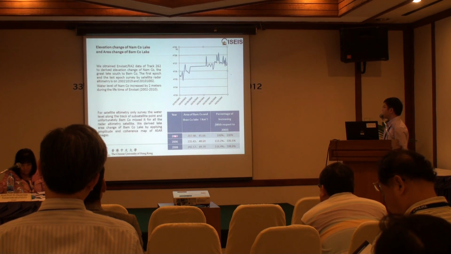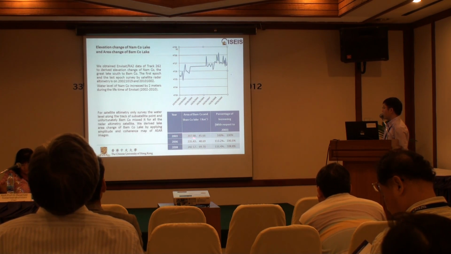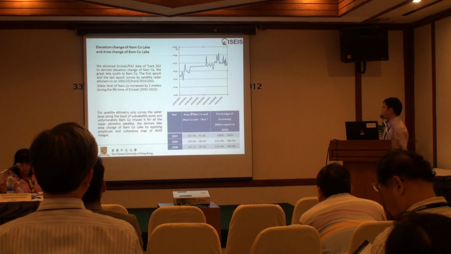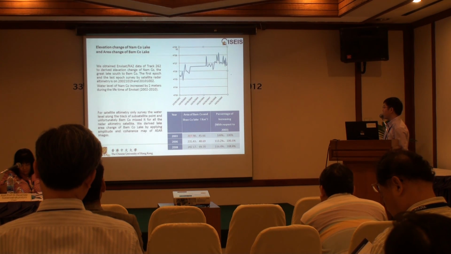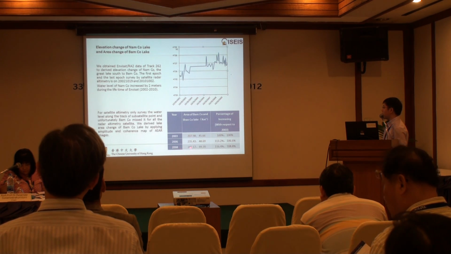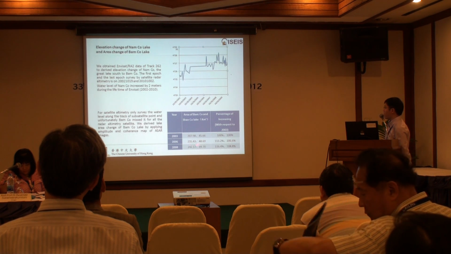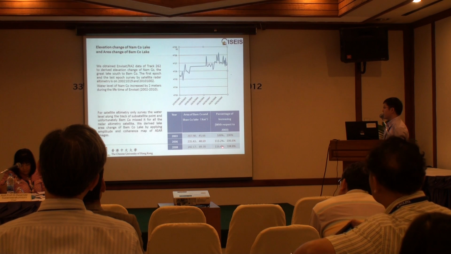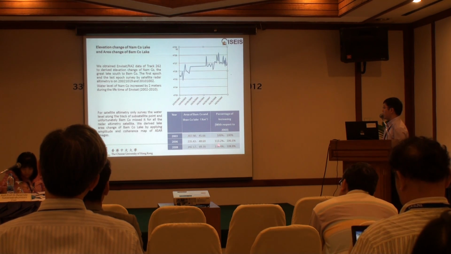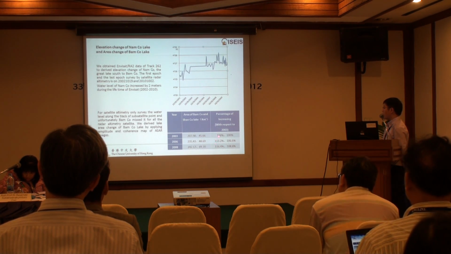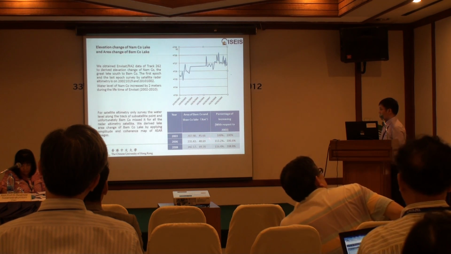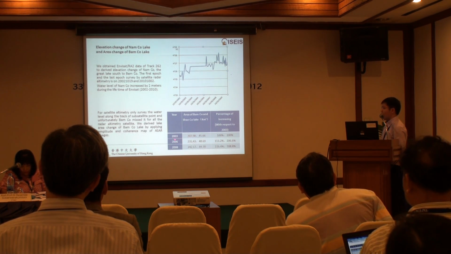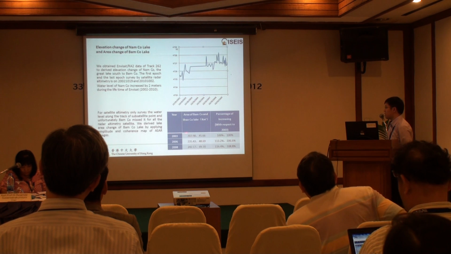And we could see that in 2003, the area of Bamso is about 208 square kilometers, and in 2008 it increased about 35 square kilometers. That is to say about 17%. But we could see that most of the increase was contributed by the years from 2003 to 2006.